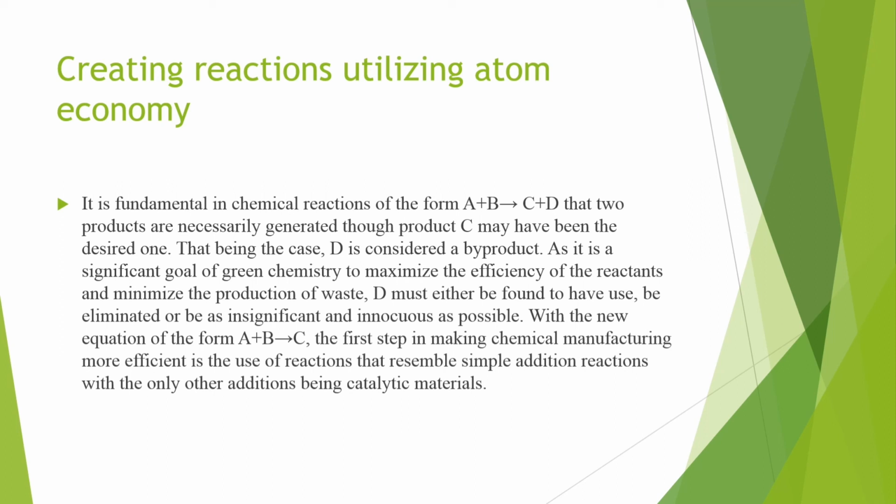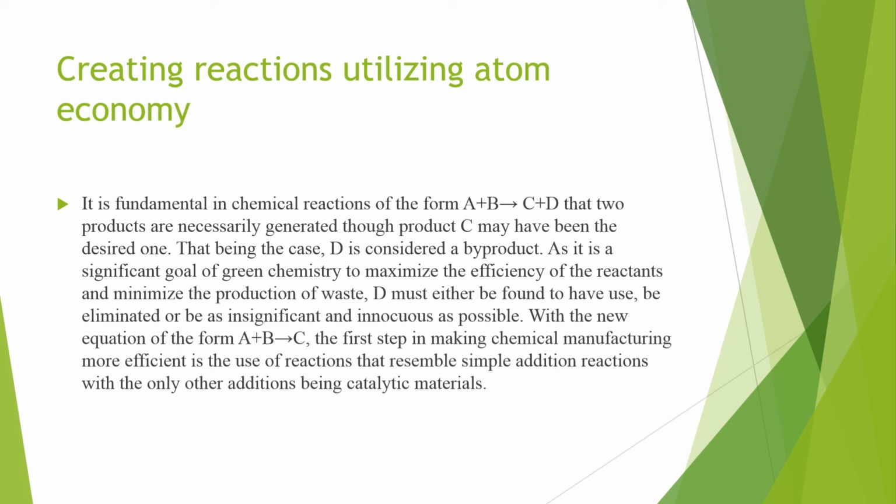Suppose that in a chemical reaction A plus B gives C plus D, two products are necessarily generated, where product C may be the desired one. That being the case, D is considered a byproduct, as it is a significant goal of green chemistry to maximize the efficiency of the reactants.